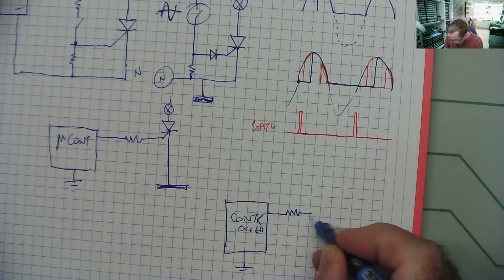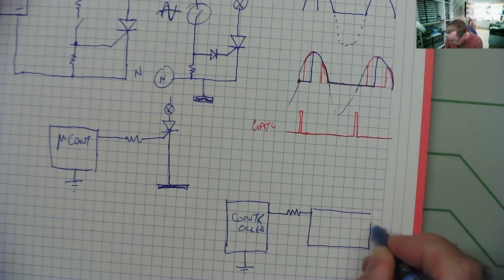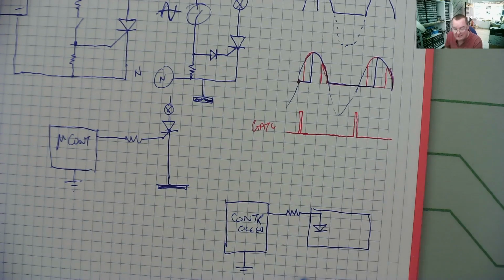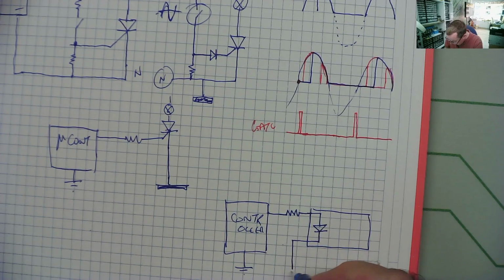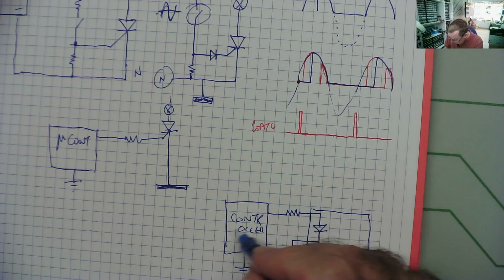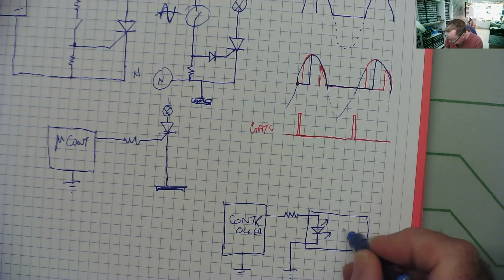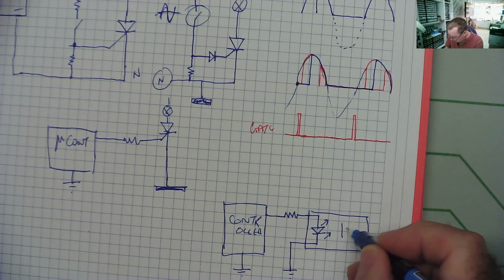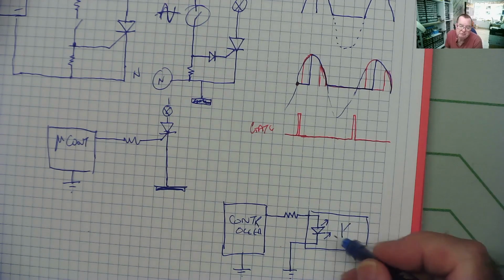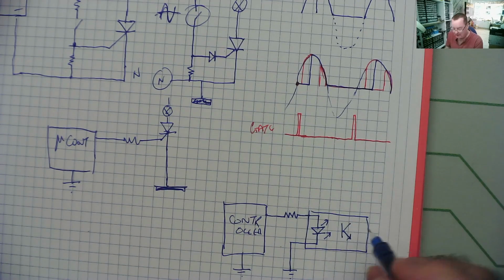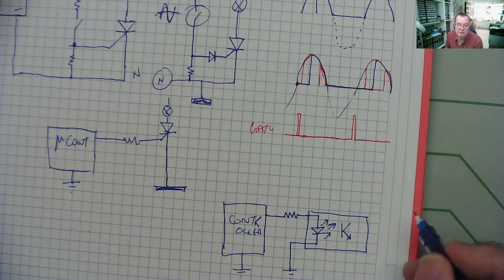So your opto-isolator inside has a LED, usually an infrared LED, and the other end of the LED you can now connect to the safety ground, and when you put voltage on here, this will light up, and it shines on the base of a phototransistor. So a phototransistor is like a normal transistor, but instead of having to put voltage onto the base to switch it on, you just shine a light on it, and by shining a light on it, it switches on.